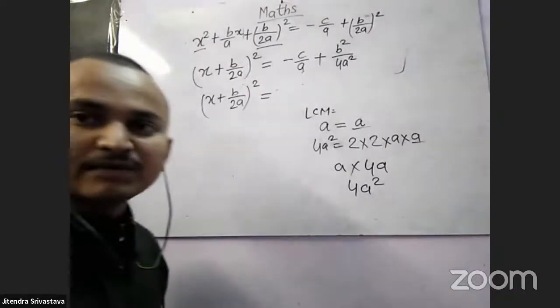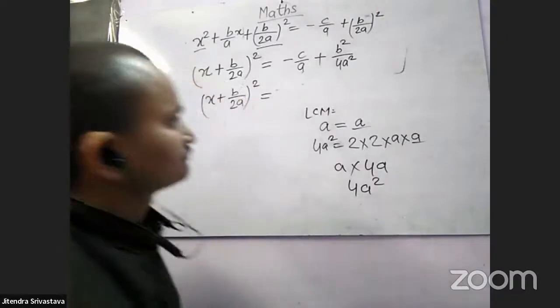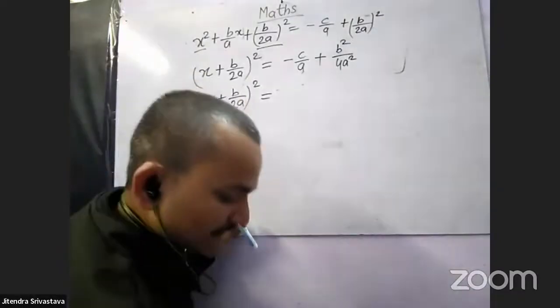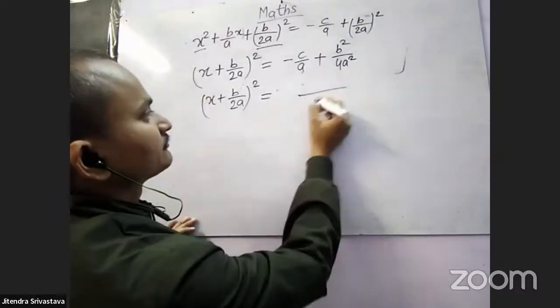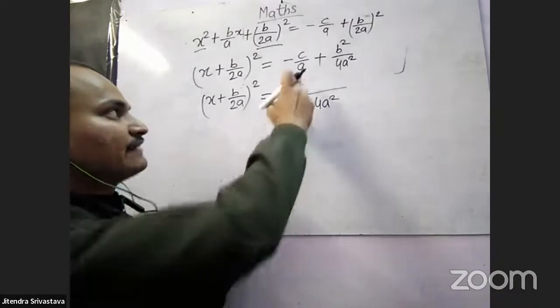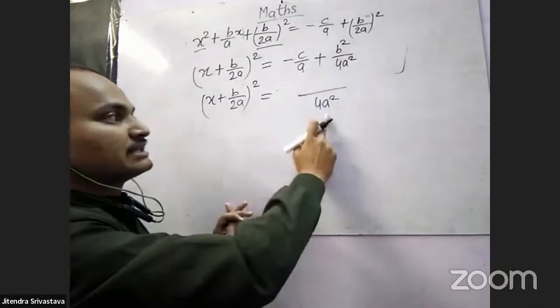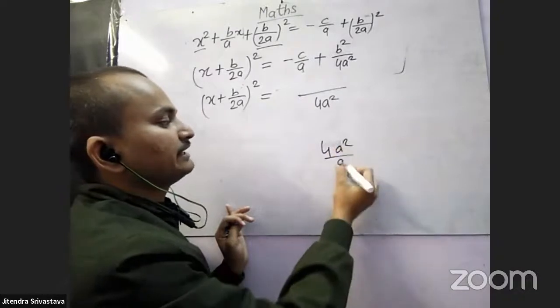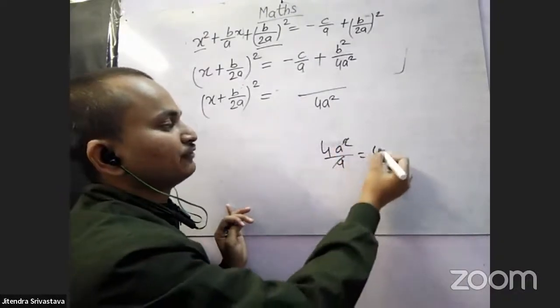So now I'm moving forward. Our LCM is 4a square. Now we have to divide this 4a square by a. When you divide 4a square by a, you get 4a.